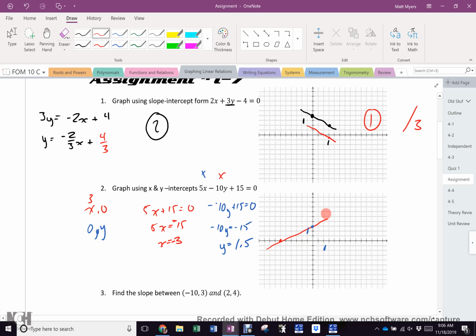Now, again, this is out of 3. If you didn't change the scale, of course, you would have this line, 1.5 and negative 3. And, of course, you notice they have the exact same slope, right? Because they're the same line. All you've done is change the numbers.